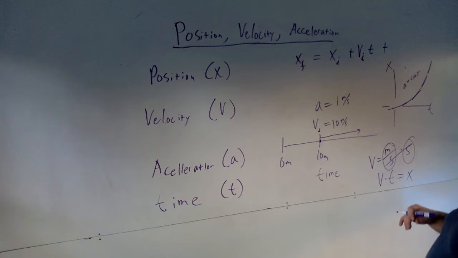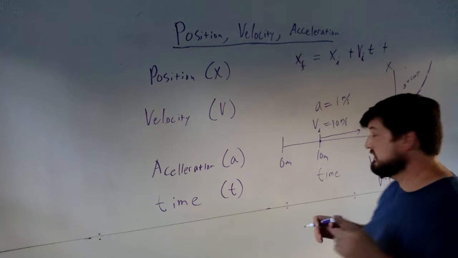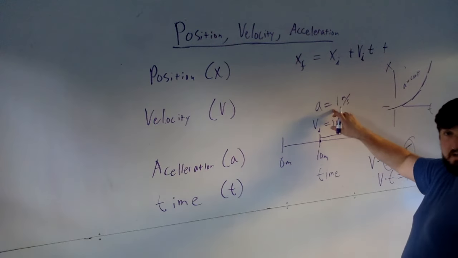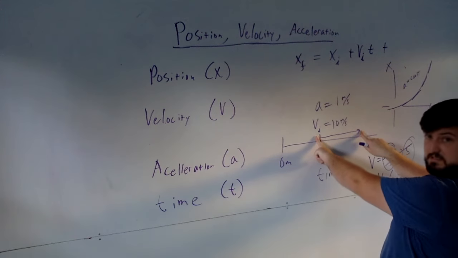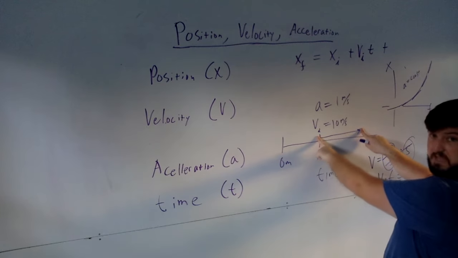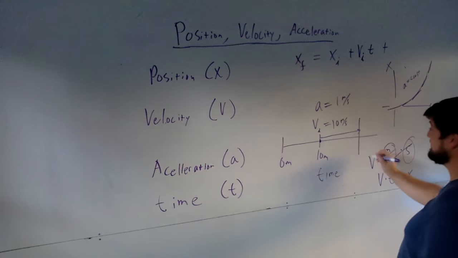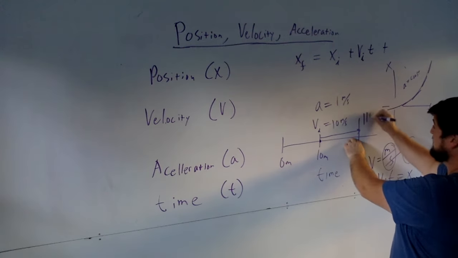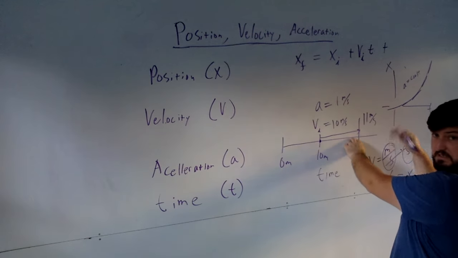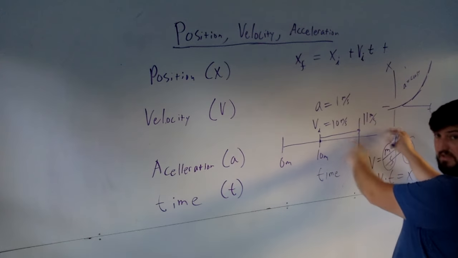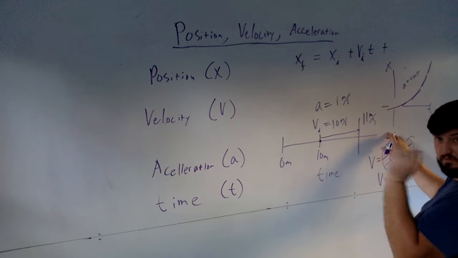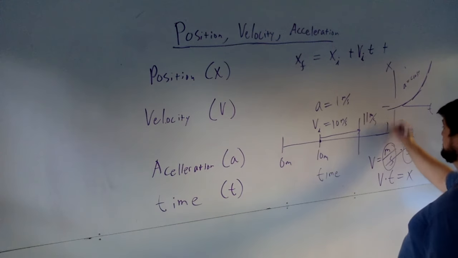It's kind of weird. But you can now imagine, okay, if I'm accelerating, well, in the first second, I didn't accelerate at all, okay? So in the first second, I went 10 meters per second, but instantly in the next second, I went 11 meters per second, right? And I didn't accelerate for that period, okay? So now I went 11 meters for that second, right? I went slightly further, I went 1 meter further for that second, okay?